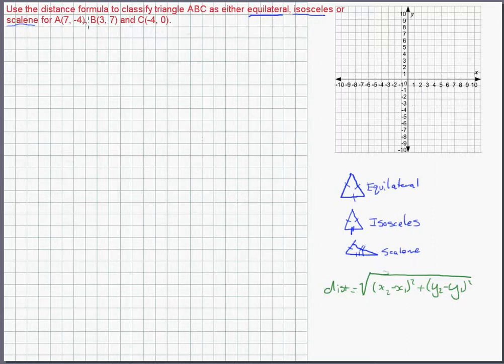So our 3 points, A, B, and C, you don't have to do this, but just for sake of illustration, we have our graph here. So we go for A, x coordinate 7, y coordinate -4.